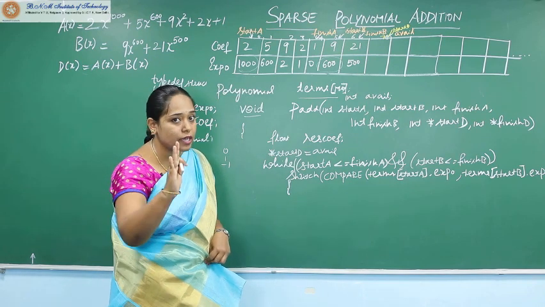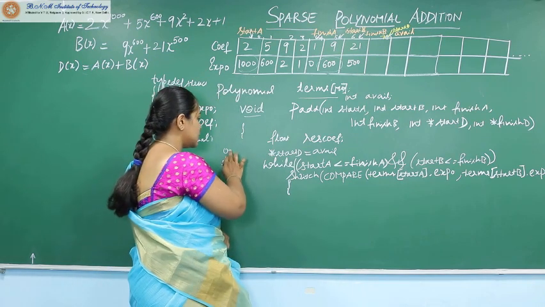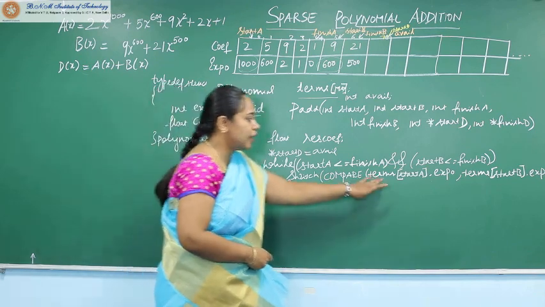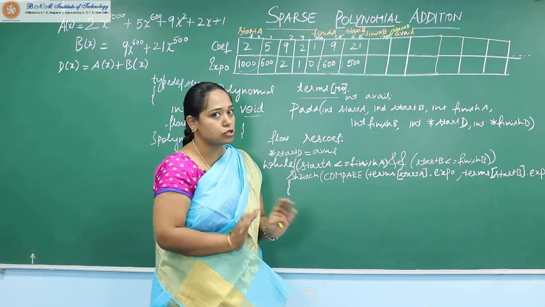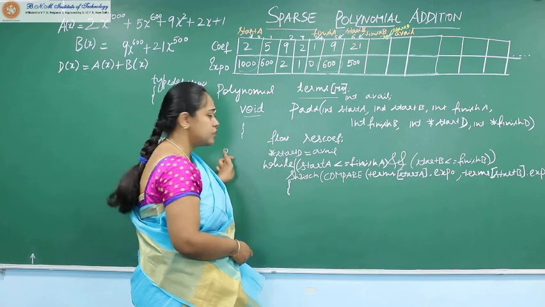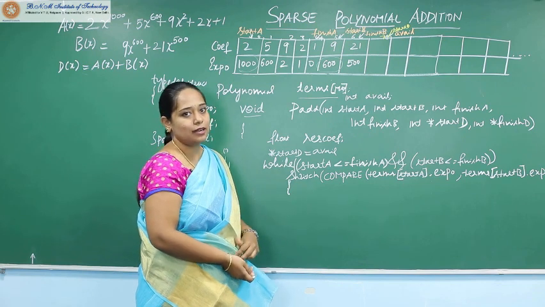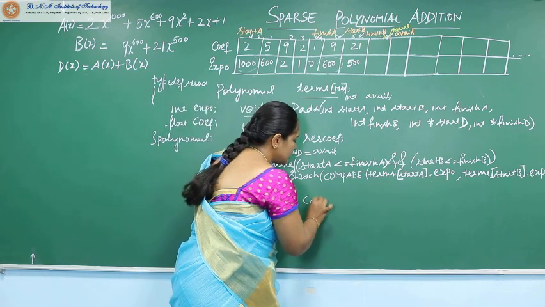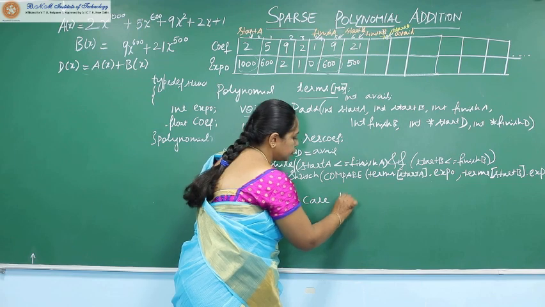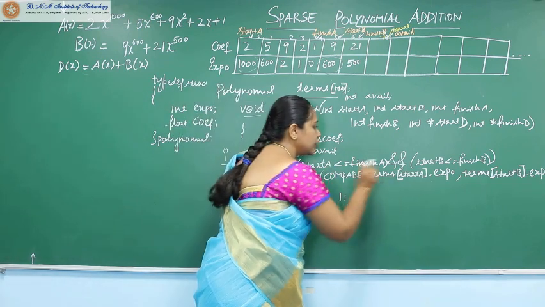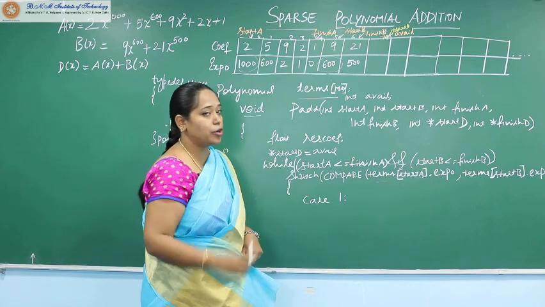I know that there are three cases to be dealt with: case 0, case 1 or case minus 1. In our case here, when I compare 1000 with 600, 1000 is not equal to 600, so it's definitely not case 0, but 1000 is greater than 600. So let's first define case 1. Case 1 is a case where exponent 1 is greater than exponent 2.